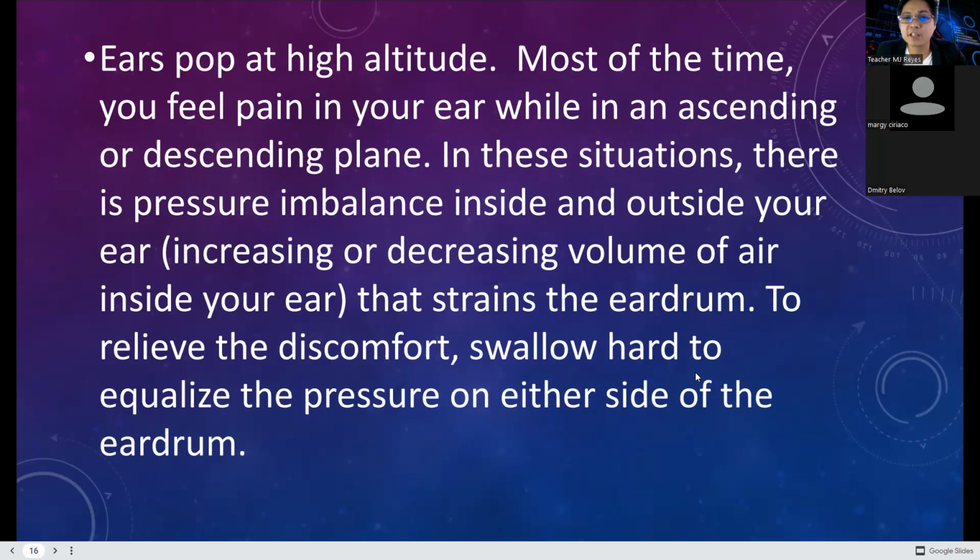The increasing or decreasing volume of air inside your ear strains your eardrum. To relieve discomfort, swallow hard to equalize the pressure on either side of the eardrum. This is the common scenario when riding an airplane or going to mountainous provinces, because there is a pressure imbalance inside and outside your ear.